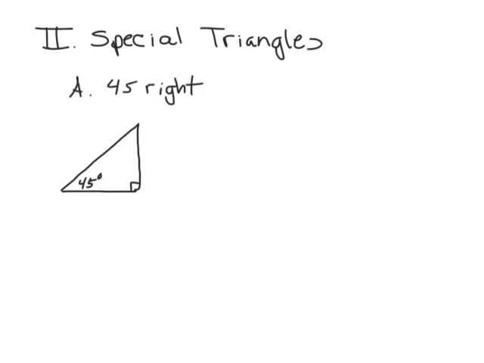Since it's 45 and 45, if one leg is 1, the other one is 1, because their legs are equal. And if I do the Pythagorean theorem on this, the hypotenuse ends up being radical 2.